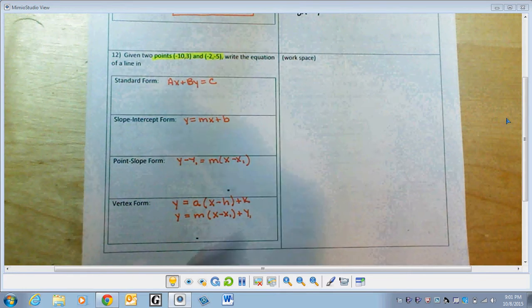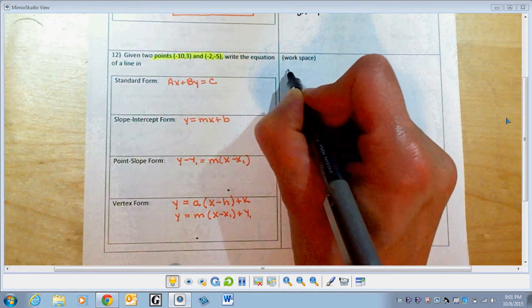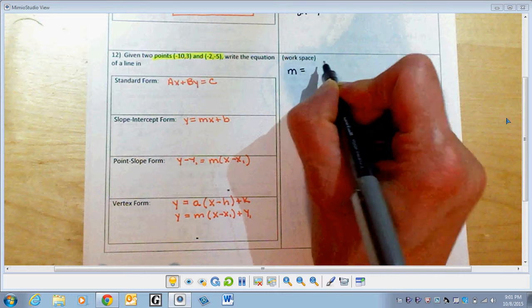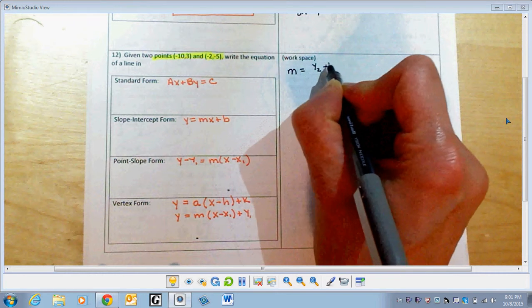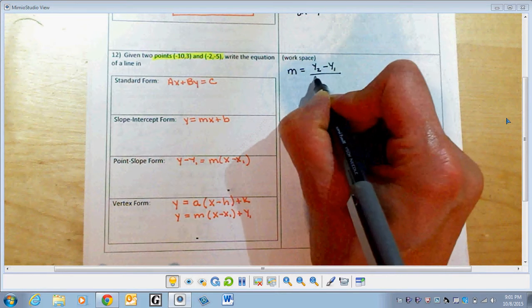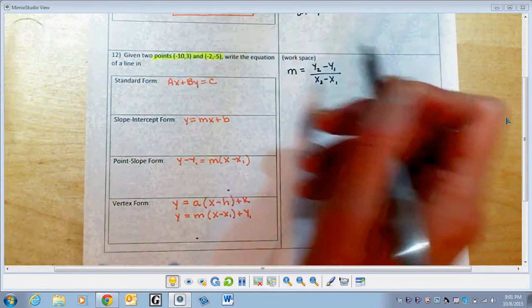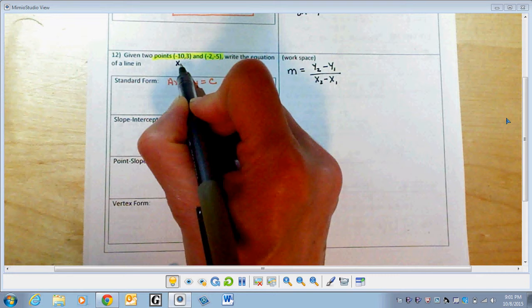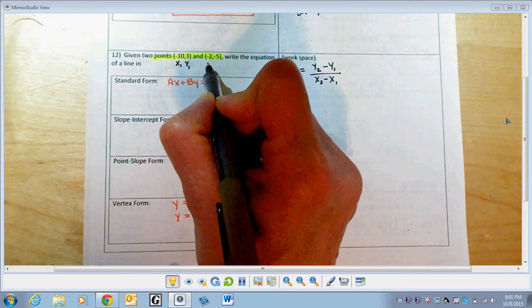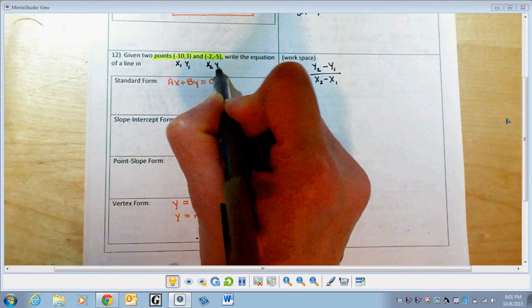Which means the first thing I need to do, given 2 points, is find the slope. So that means I need to remember the formula for slope, which is y sub 2 minus y sub 1 over x sub 2 minus x sub 1. Well, let's label these. So I'm going to label this x sub 1, y sub 1, x sub 2, y sub 2.